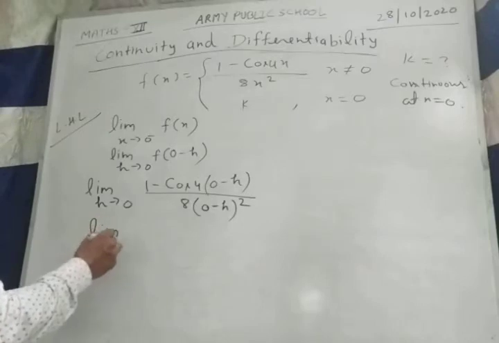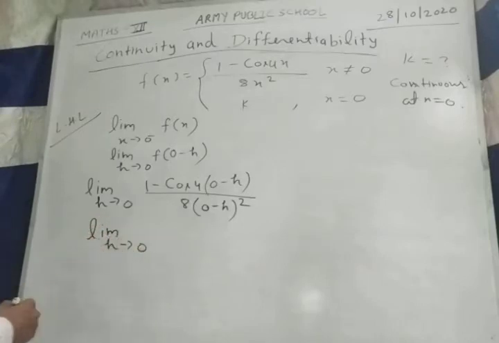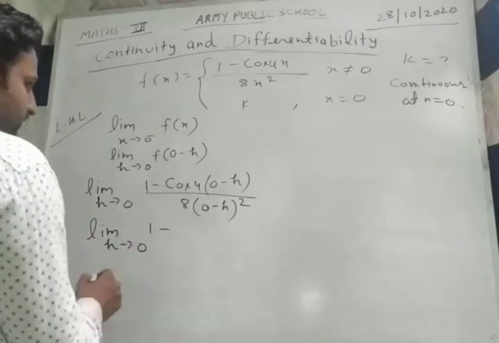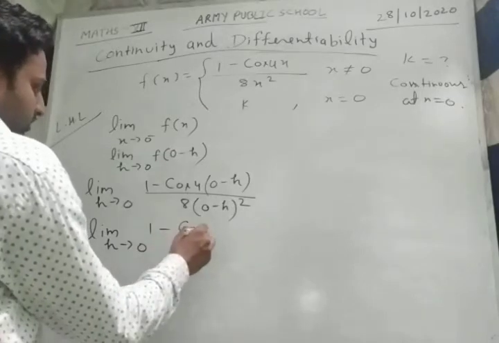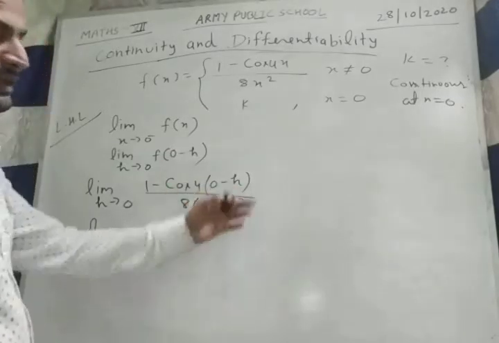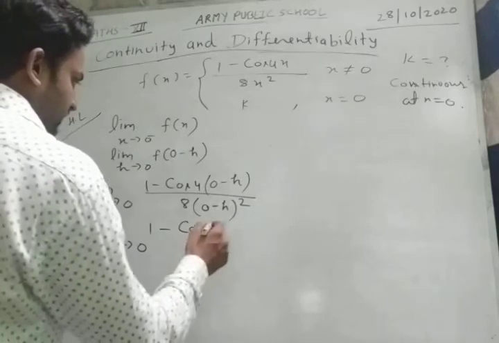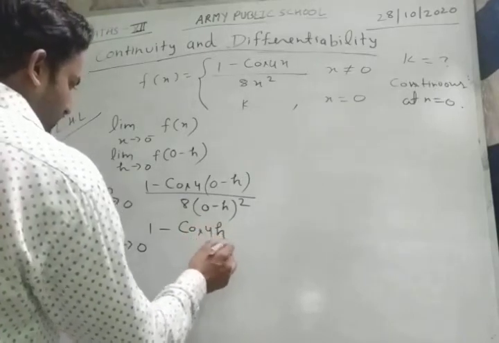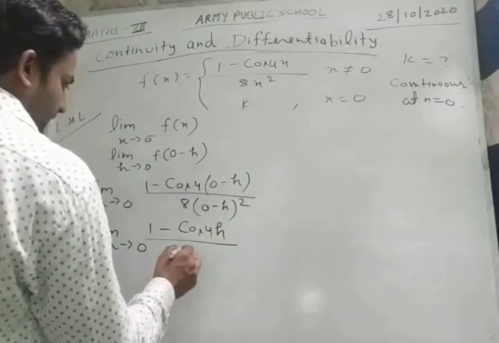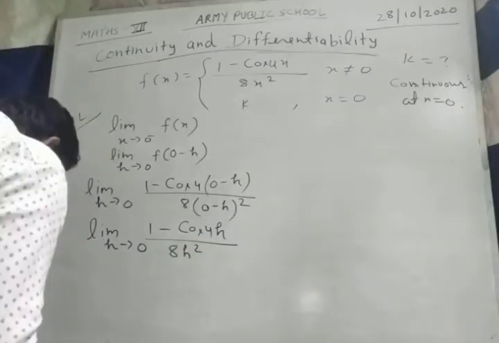So we write limit h tends to 0 of (1 - cos 4h) divided by 8h², since cos(-θ) is cos θ.